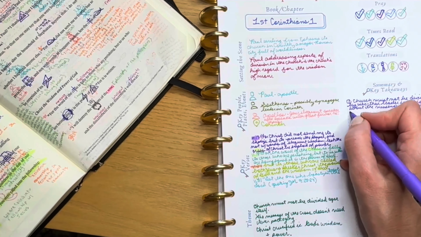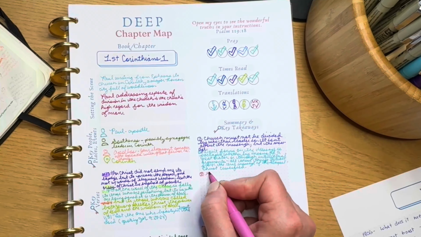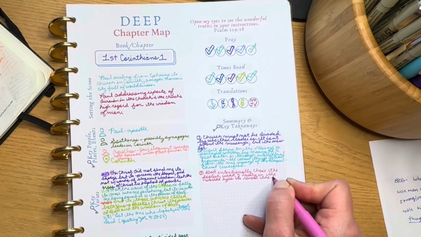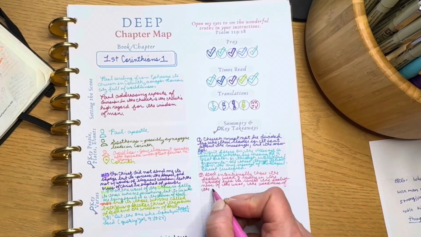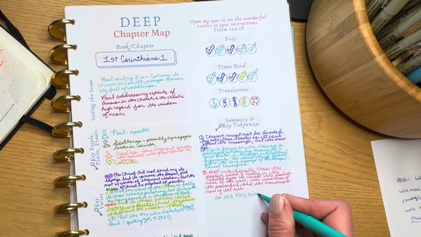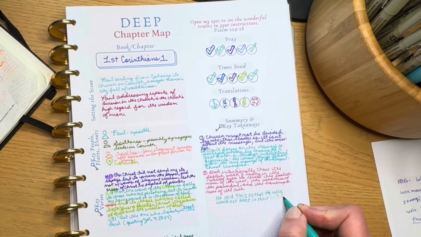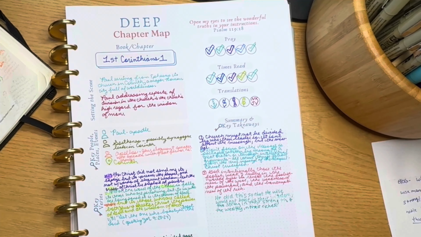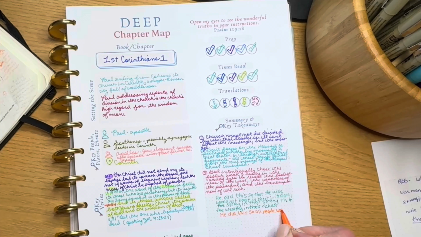The next key truth is God intentionally chose the foolish, weak, and lowly in the world's eyes to reveal the foolishness of the wise, the weakness of the powerful, and the bankruptness of the rich. He did this so that the wise would not boast in their wisdom, the strong in their strength, and the wealthy in their riches.